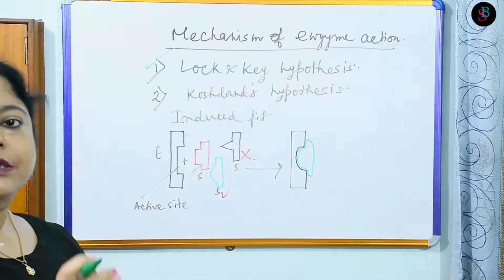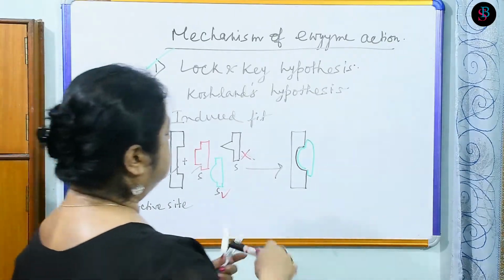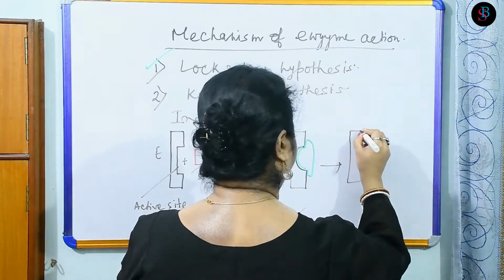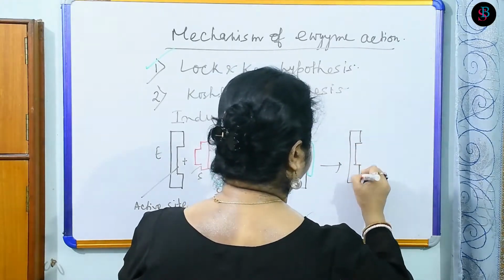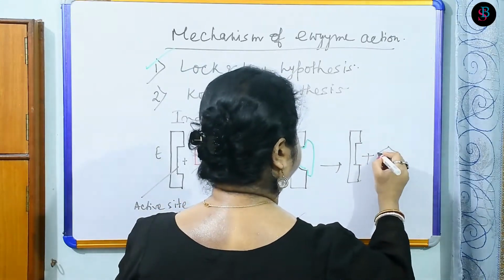So this is the modification of the substrate and then the next thing which is common with the other steps also: enzyme will ultimately free itself. It will regain its structure and the product is like this.